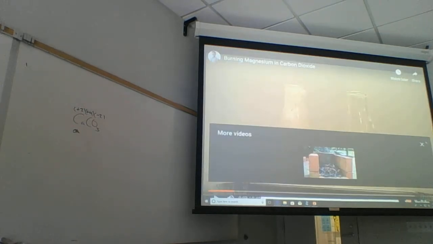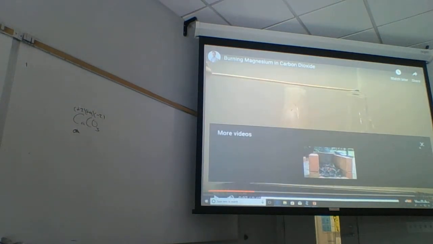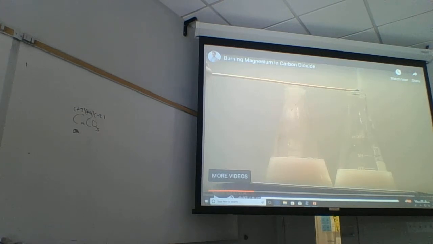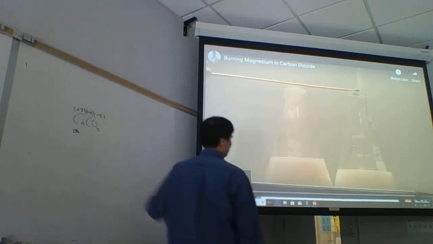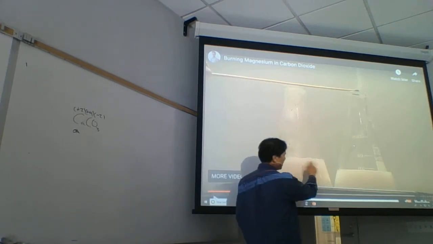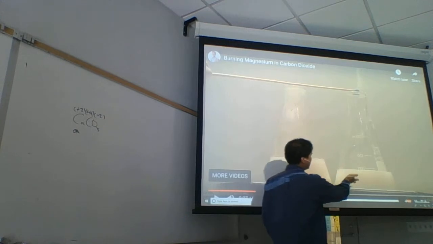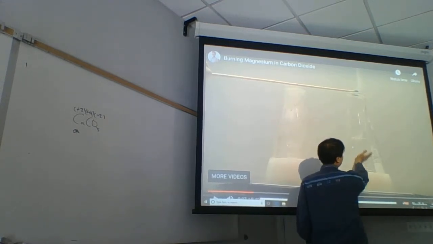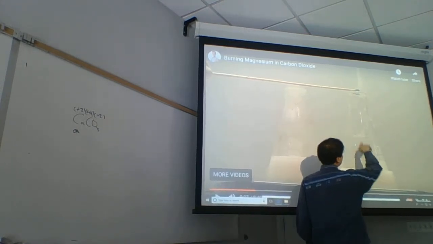All right, so it's easy to generate CO2. We can generate CO2 by just taking some limestone or calcium carbonate and adding acid to it. And all this effervescence is just CO2 gas bubbling. There's so much CO2 gas bubbling, it's pushing the air out of this. So it's just CO2.